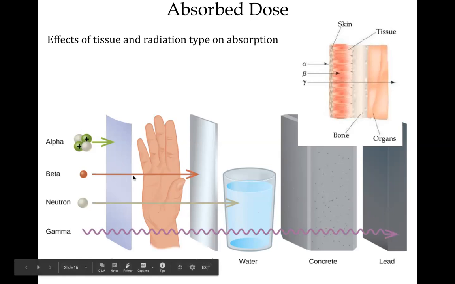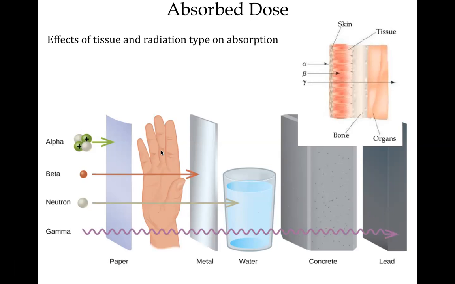All right, so the effects of radiation on tissue depend on the absorption, and the absorption depends on the type of radioactive particle that's being emitted.